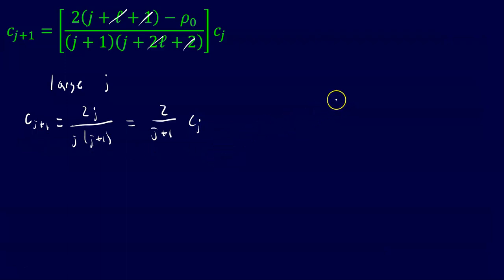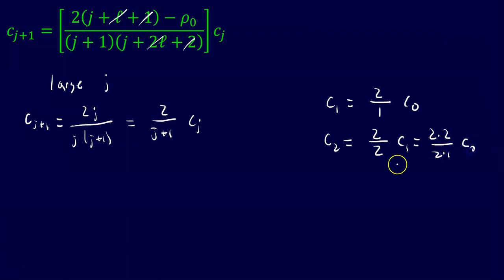Let's look at C1 and C0. If I plug C0 into here, then C1 would be j of 0, and so I'd get 2 over 1 C0. If I looked for C2, it'd be 2 over 2 C1, which when I plug in would be 2 times 2 divided by 2 times 1 C0.